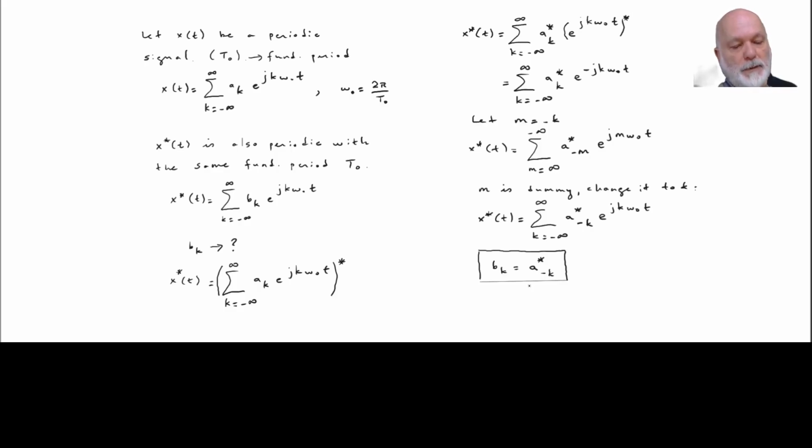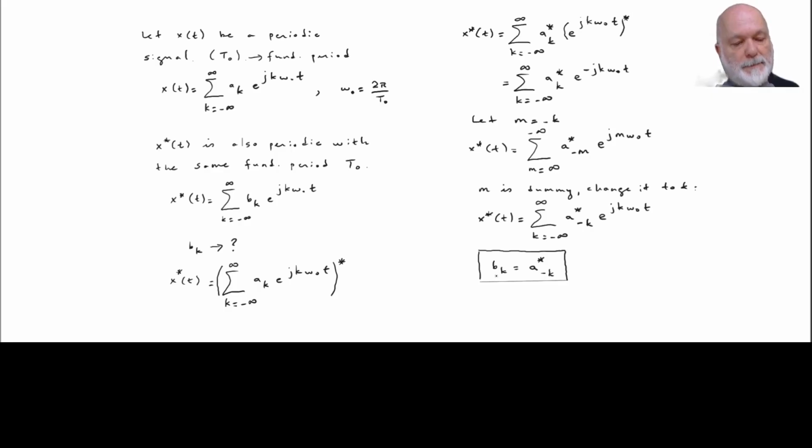Therefore, bk's will be equal to ak's, and we will have a certain relationship satisfied by the Fourier series coefficients of the real valued signal.